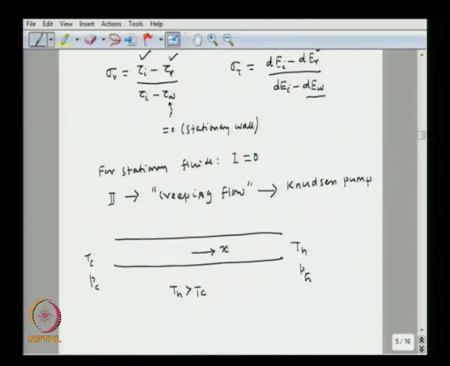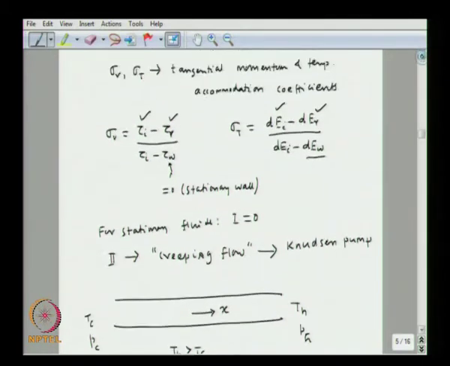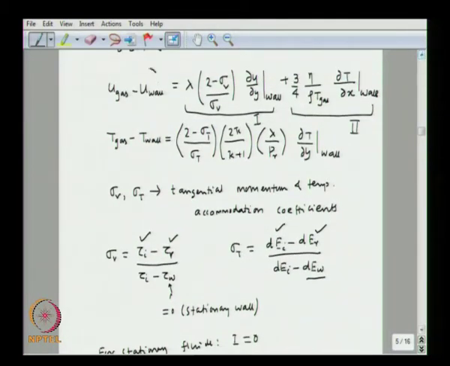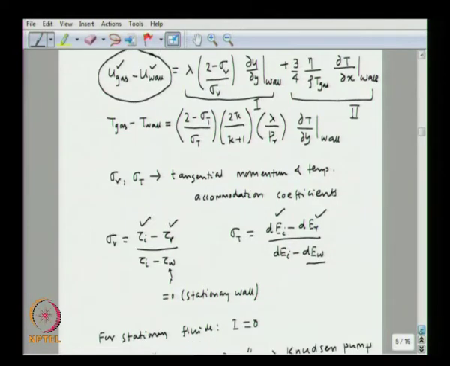So del T over del x is positive, and if you look at this equation, that would induce a flow, a velocity of the gas with respect to the wall in the x direction.